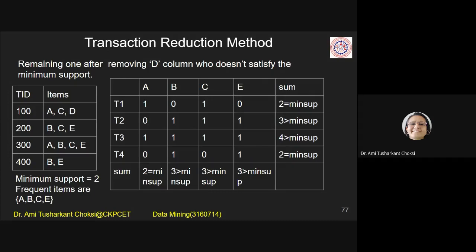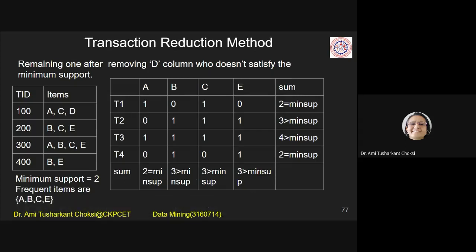Let us check it out for columns also. So let us do the summation vertically. 1 plus 1 is 2. 1 plus 1 plus 1 is 3. 1 plus 1 plus 1 is 3. 1 plus 1 plus 1 is 3. For all these columns A, B, C, E, the sum is greater than or equal to the minimum support.